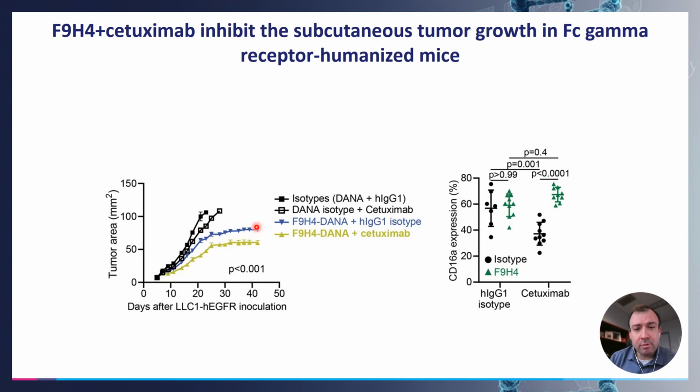Our antibody by itself also had a biological effect in vivo, and we believe that this is caused by endogenous antibodies generated by the immunity. These are immunocompetent mice. As a proof of concept, we analyzed blood NK cells, and we saw that they have more surface CD16A in the group treated with cetuximab plus our antibody, suggesting that our antibody inhibits the shedding in vivo.